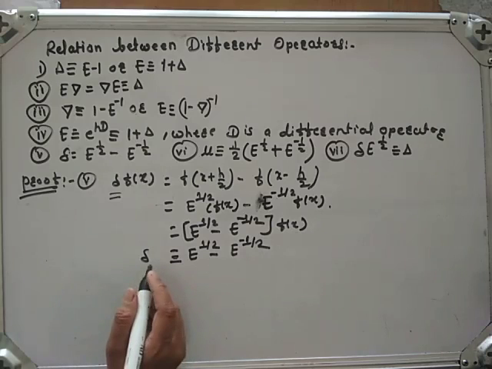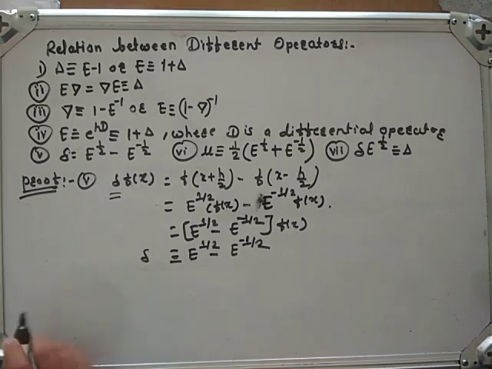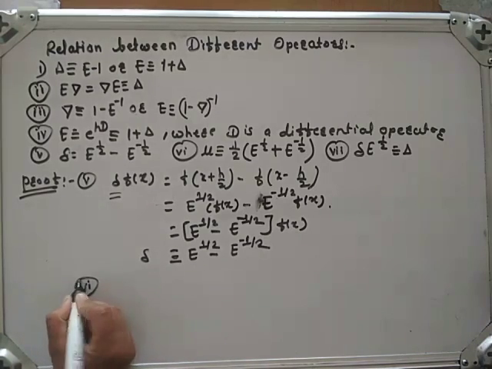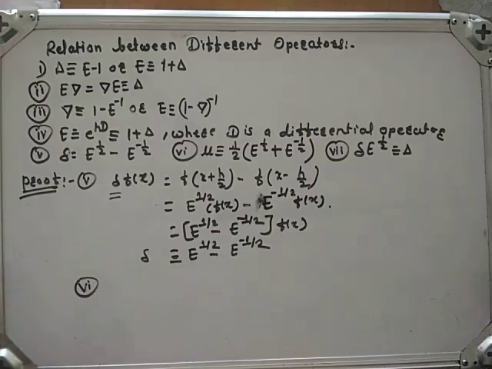Now we will prove relation number 6. In 6, we have to prove that mu is equivalent to 1 by 2 into E raised to 1 by 2 plus E raised to minus 1 by 2.